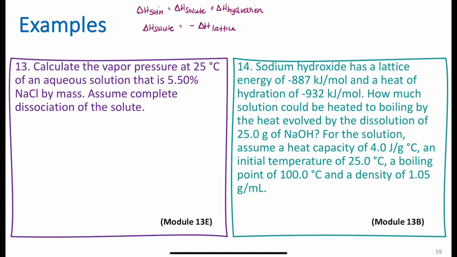And my delta H solution, I'm going to substitute that in. I'm going to substitute that right into my equation. Okay. So now my delta H solution is equal to negative delta H of my lattice plus the delta H of hydration.